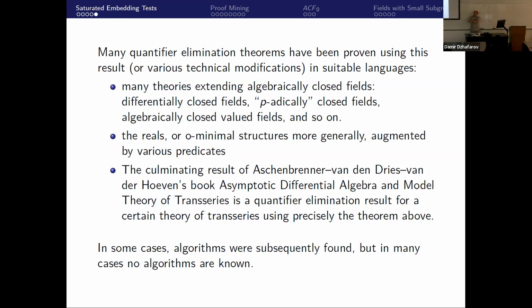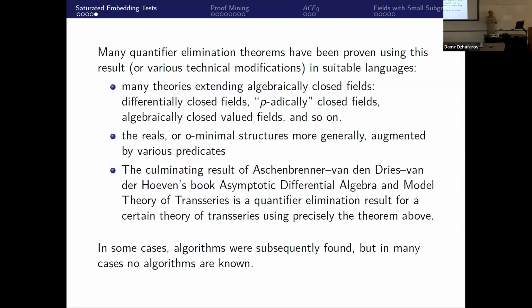And actually the culminating result, the last section of the book, the point of this book is to prove quantifier elimination for this theory of transseries. And they build up all this model theory of these series to prove quantifier elimination. And I went and checked just out of curiosity, and they use exactly this version of the saturated elimination test. So these are productive methods for proving quantifier elimination.